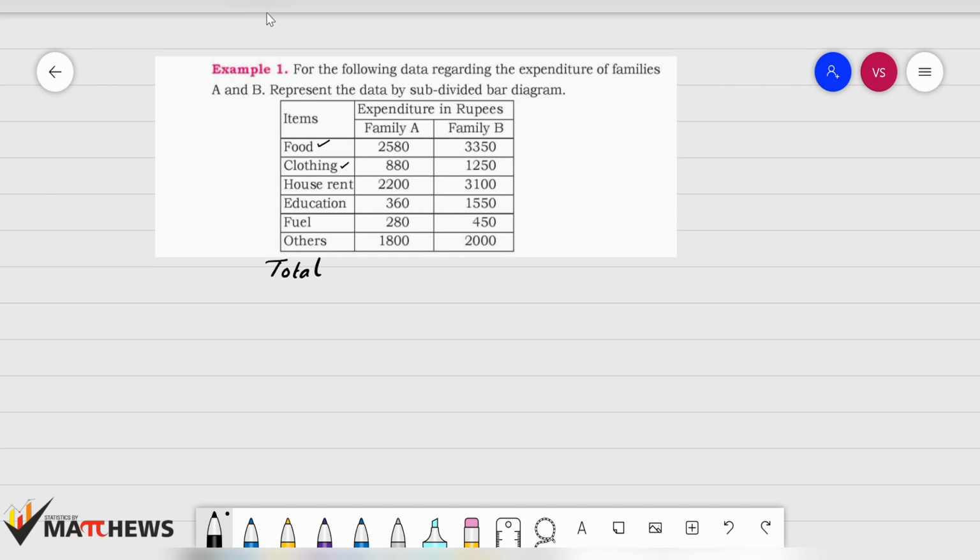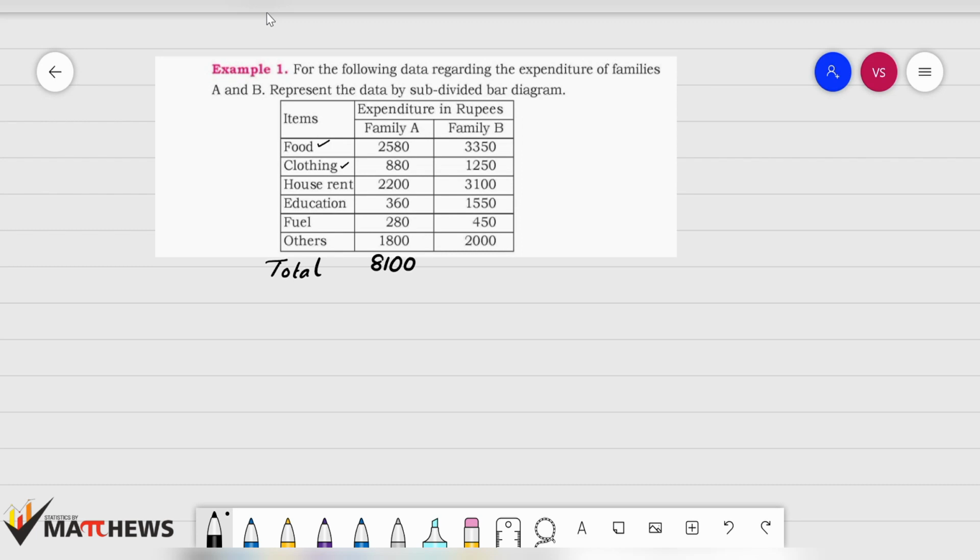Then if you add 360 to it, it will be 6,020. Then if you add 280, it will be 6,300. And when we add 1,800 to it, you will be getting somewhere around 8,100, students. So the total expenditure of family A is 8,100.